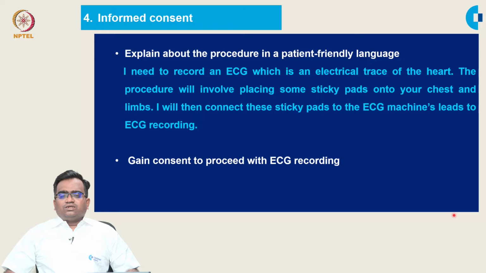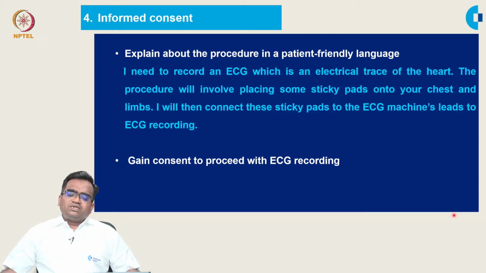Next is informed consent. The healthcare provider must inform the patient about the procedure of ECG recording in friendly language. That is, the healthcare provider has to tell the patient that ECG is a record of electrical activity, and the procedure involves placing electrodes over body sites, and those electrodes are connected to the ECG machine.